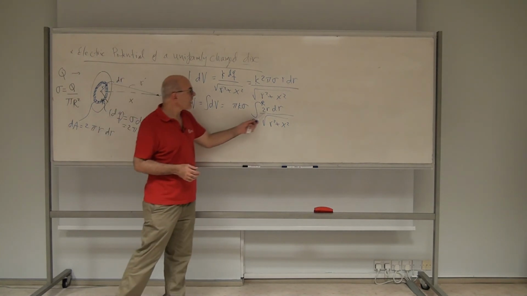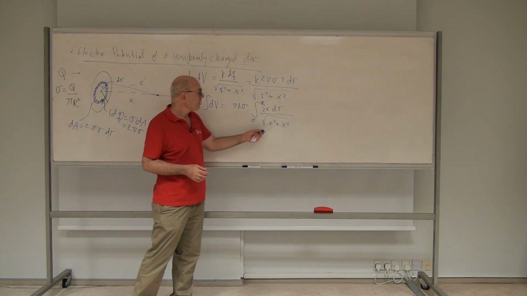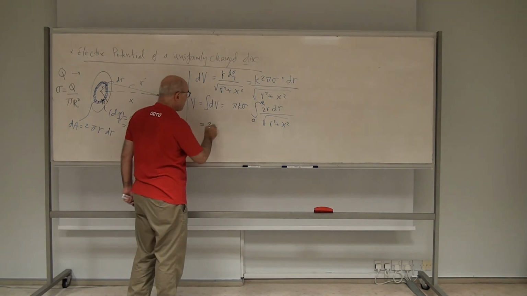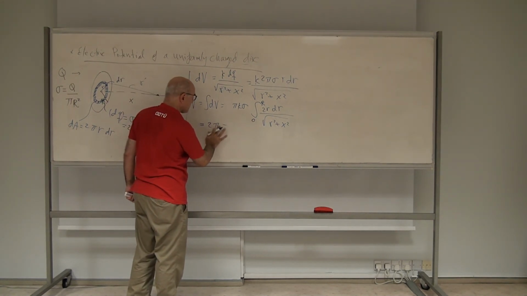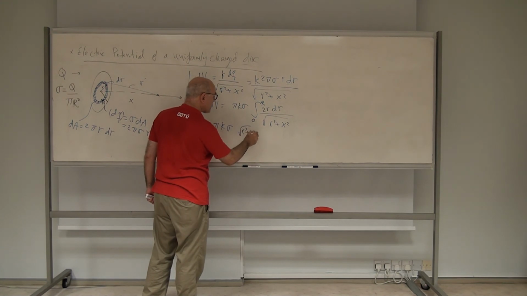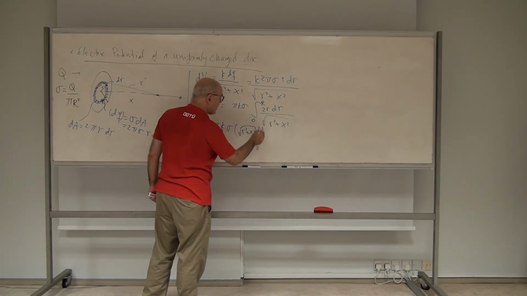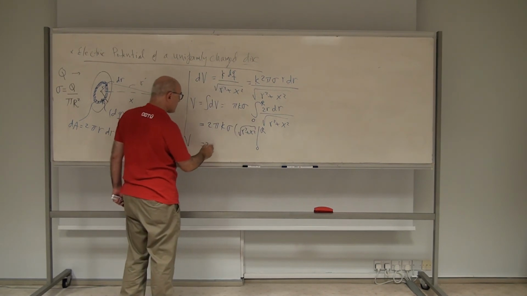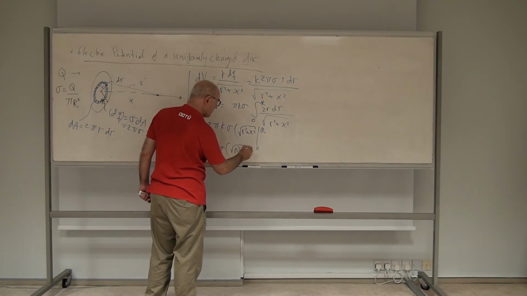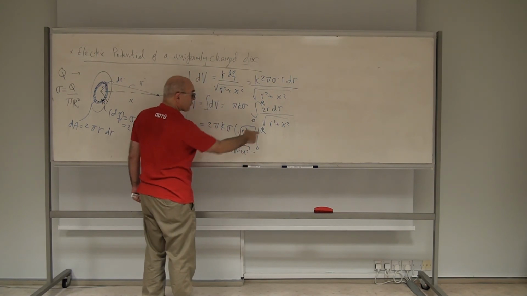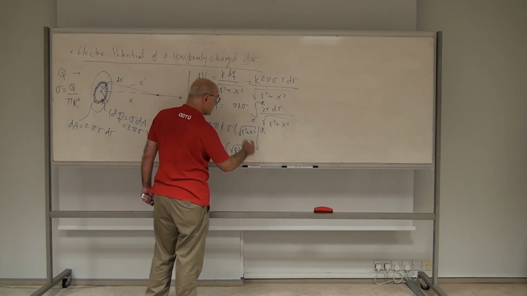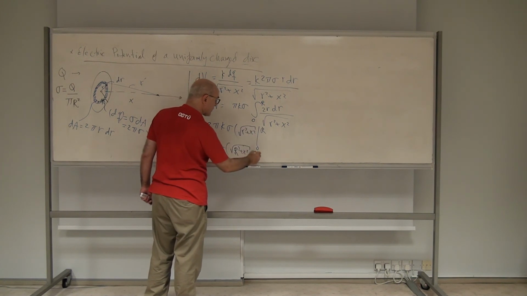Now what remains is to carry out this integral. This is a very standard integral, solved by substitution, and the result of integration in this case will be 2 pi k sigma multiplied by the square root of r squared plus x squared between 0 and R. If you do this, you get V equals 2 pi k sigma times the square root of R squared plus x squared, when you substitute the upper limit capital R, minus, when r is 0, the square root of x squared, which is just x.